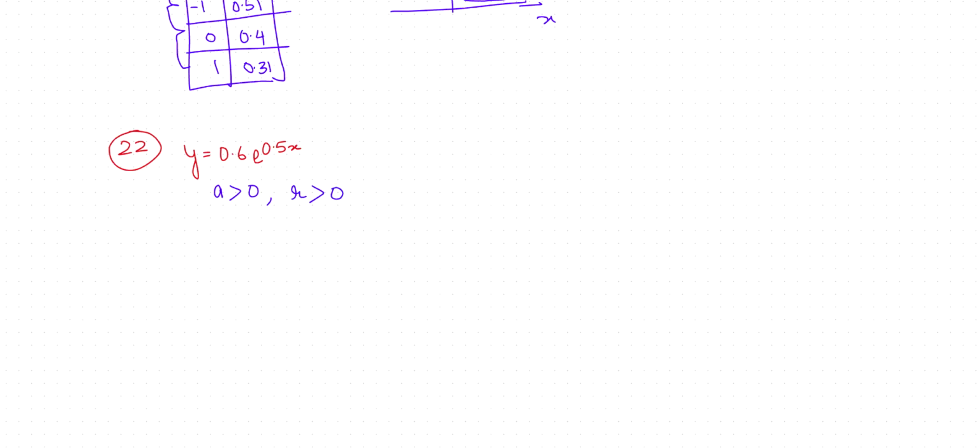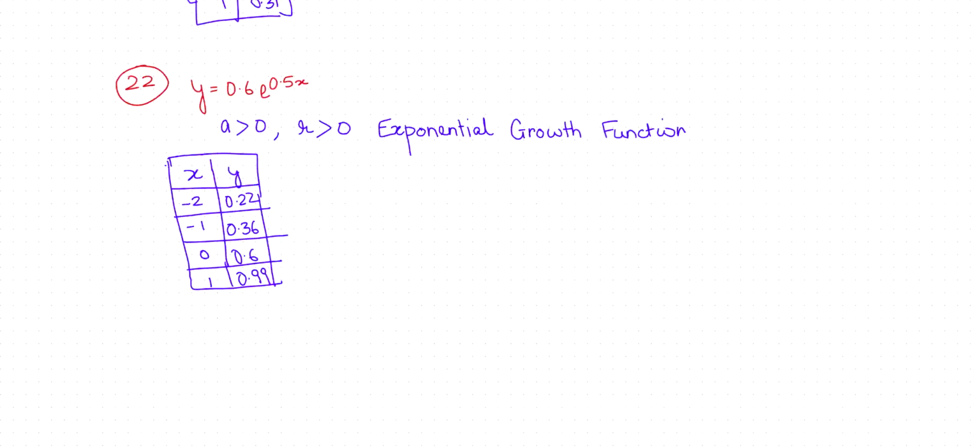Let's make a table of values and see. We see that as x increases, y is also increasing. So this function will be like this, y equals 0.6 e raised to the power 0.56.